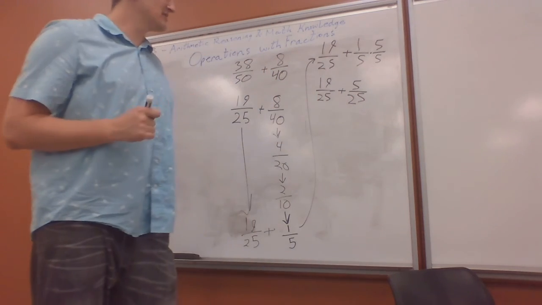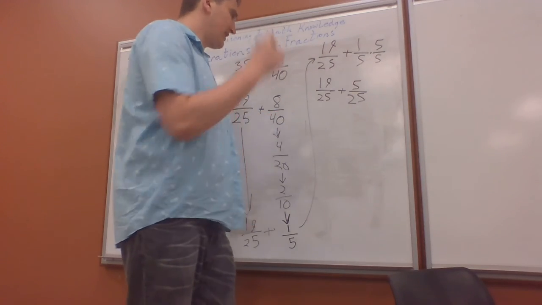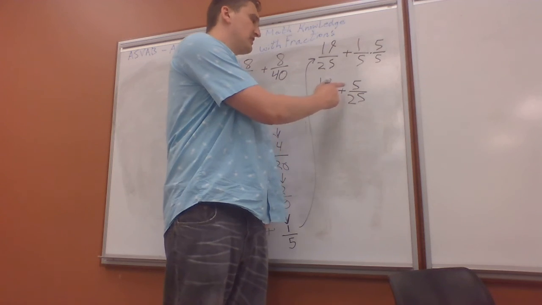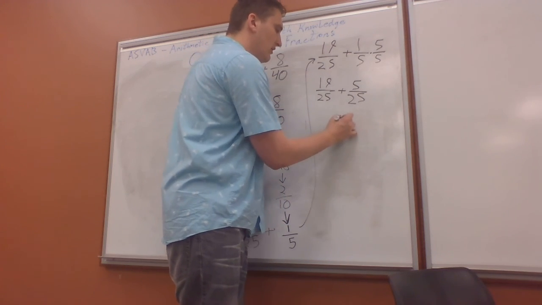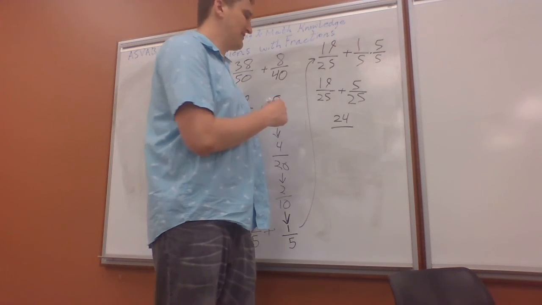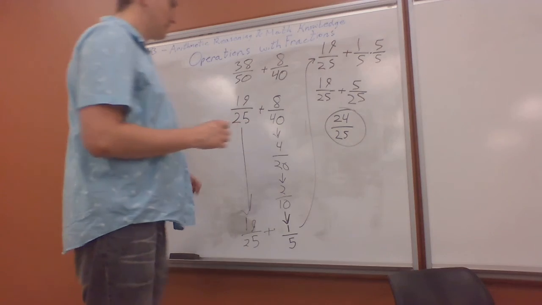Now I can combine those. They have common denominators, they're measuring the same thing. So 19 plus 5 is 24. The 25, oh, I was about to throw us off there, saying 50, but now it would just be 25. That would be our answer.